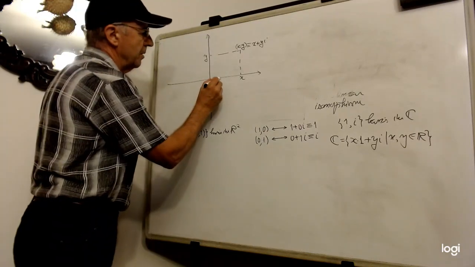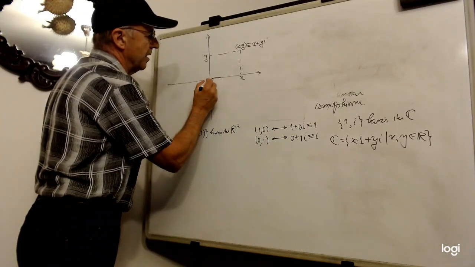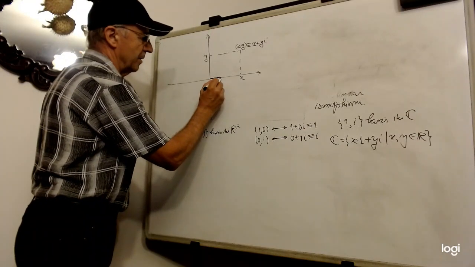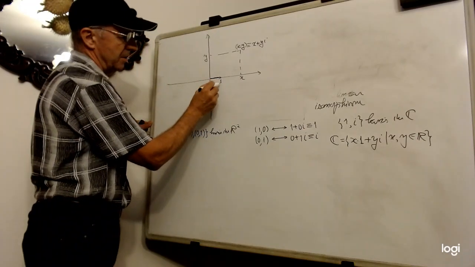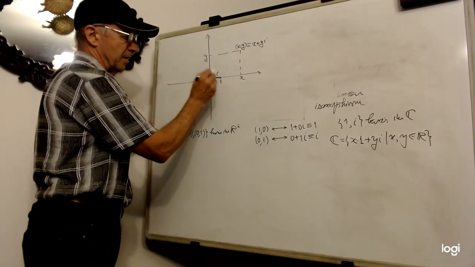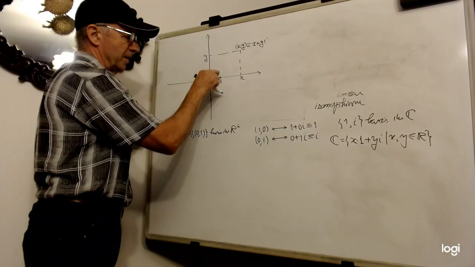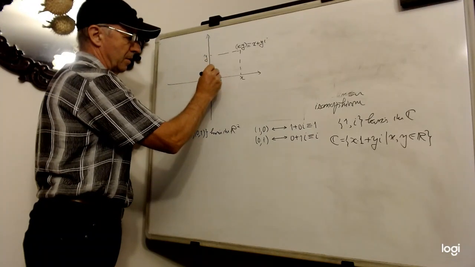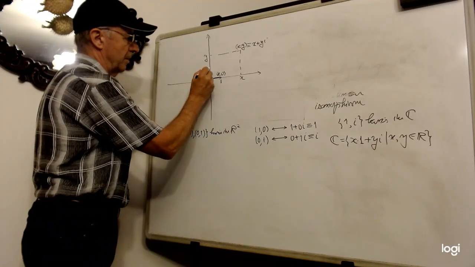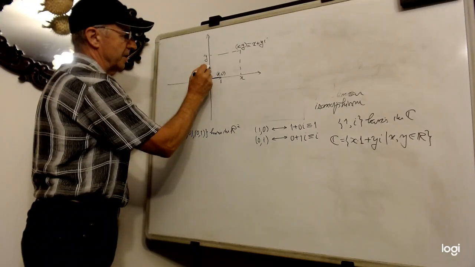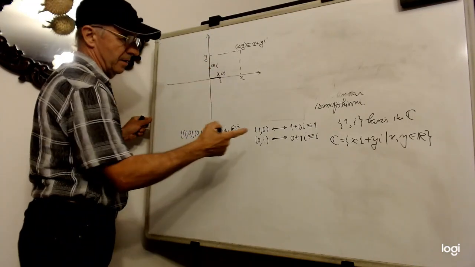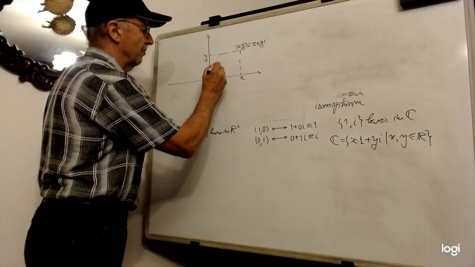For example, here the first vector of the canonical basis is the complex number 1. At the same time, this has the coordinates 1, 0, and the second vector of the canonical basis is i, identified with this (0, 1).